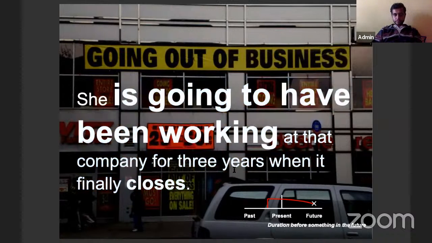Again, like we were using in that example, he had been teaching at the university for more than a year before he moved to Asia. Remember that example? Similarly, when you are describing a duration before something happens in the future, you are going to use future perfect continuous.